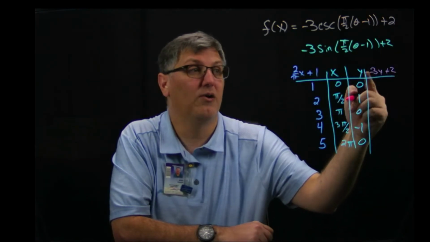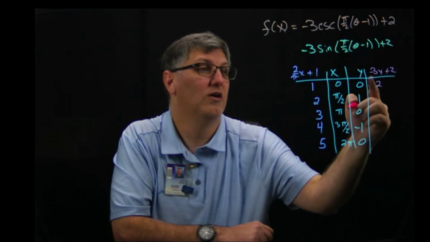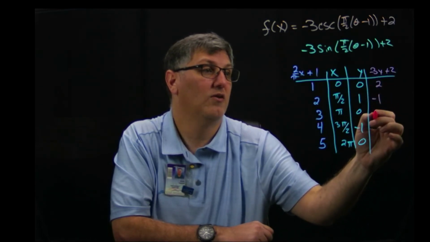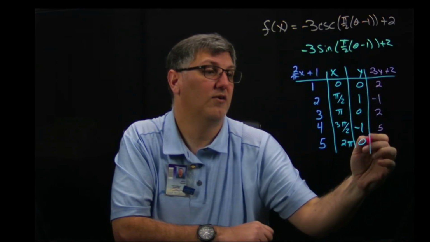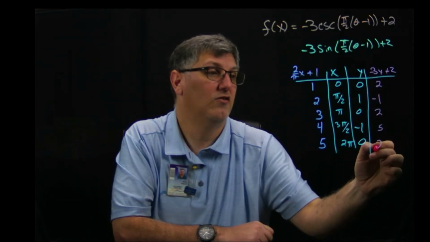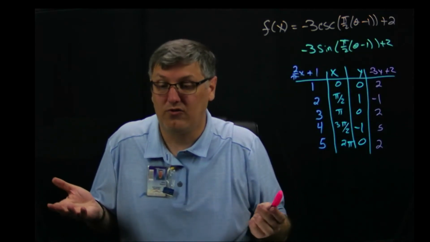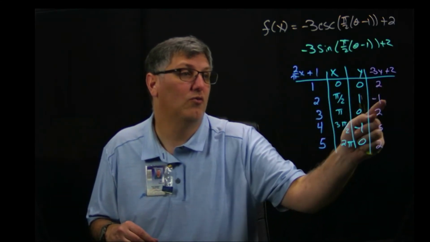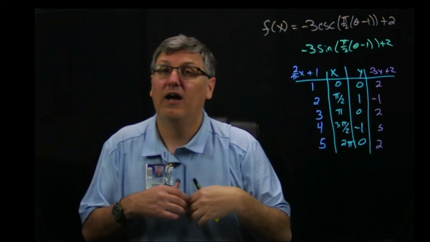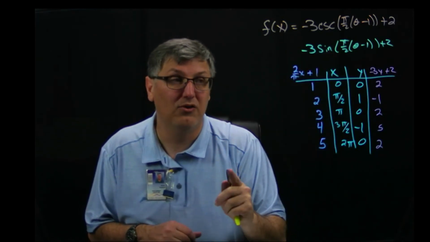Take my y values and plug them in. 0 times -3 is 0, plus 2 gives me 2. Then -1 gives 5, then 2, then 5, and 2. All right, perfect. So now I have points. All I have to do is graph (1, 2), (2, -1), (3, 2), and so on. And I have my graph of sine, not cosecant, because we're going to use that to build my graph.